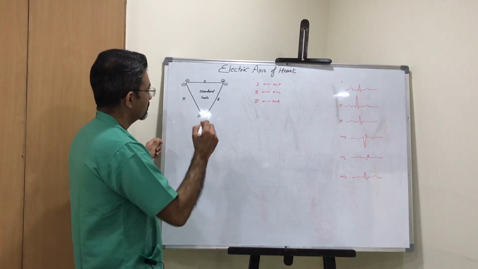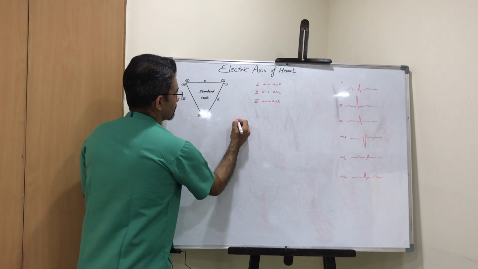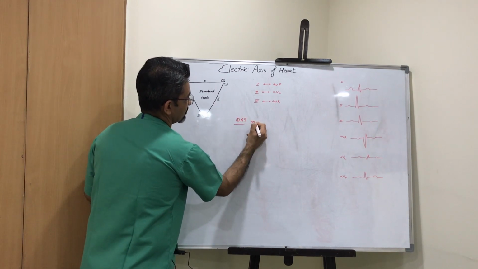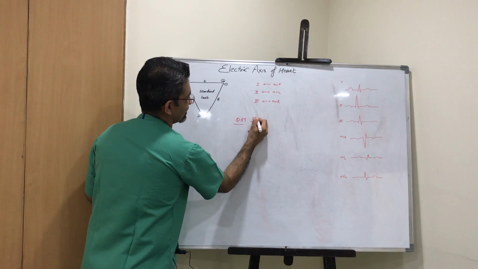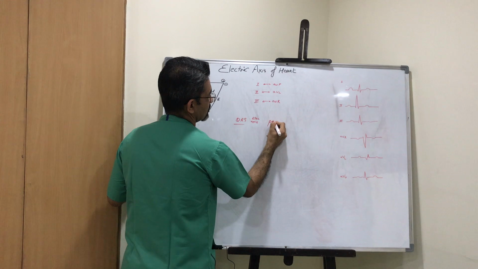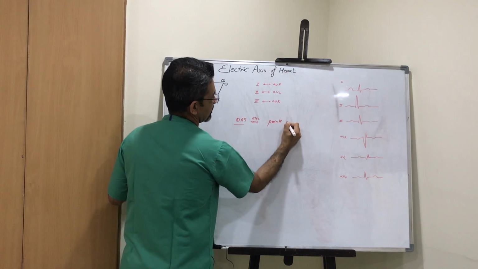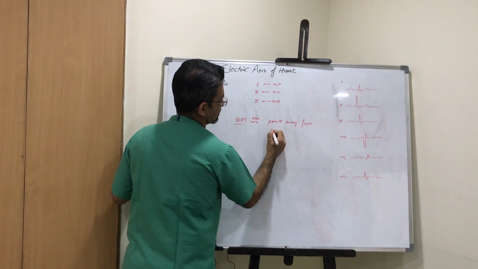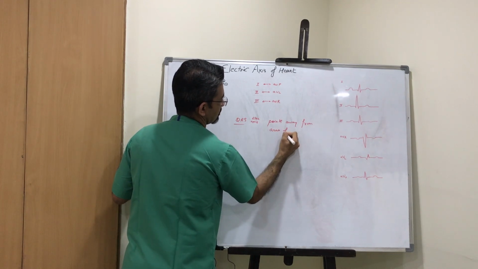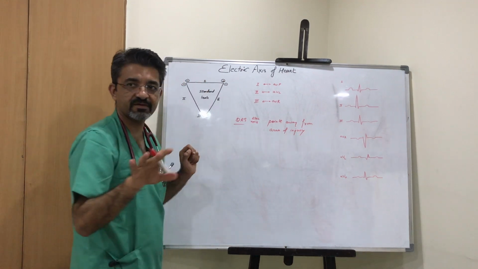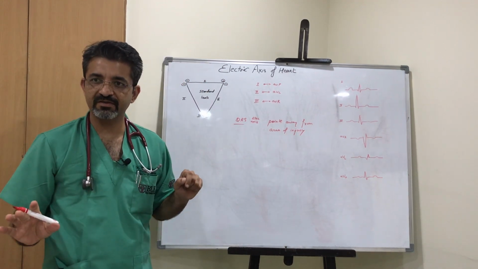Before that, you remember that the QRS electrical axis points away from the area of injury, or any mischievous area, any troublesome area.